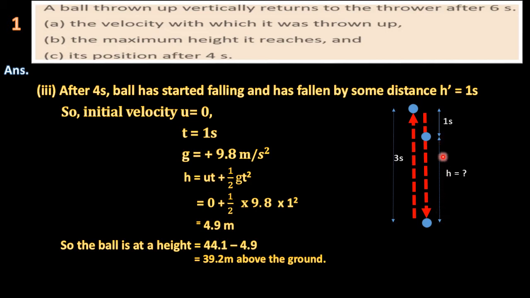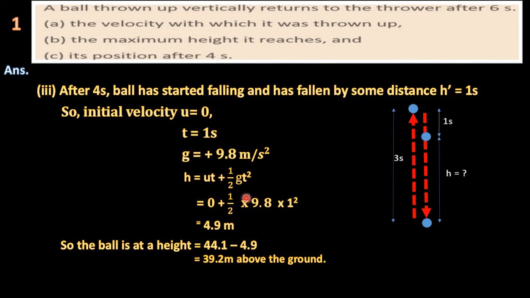So let us do it. When the object is undergoing free fall in the next 1 second, the initial velocity will be 0 because the object is falling down. Time is 1 second. The value of g will be positive 9.8 m/s². Using the equation h = ut + ½gt², we substitute: u is 0, so the first term becomes 0.